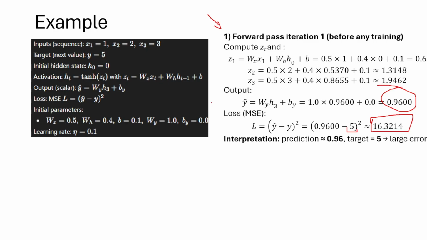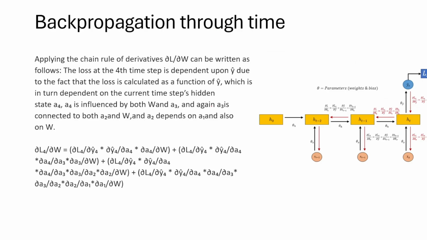Okay, now we need to do the backpropagation, but using an RNN, obviously it's different because we're backpropagating through time.